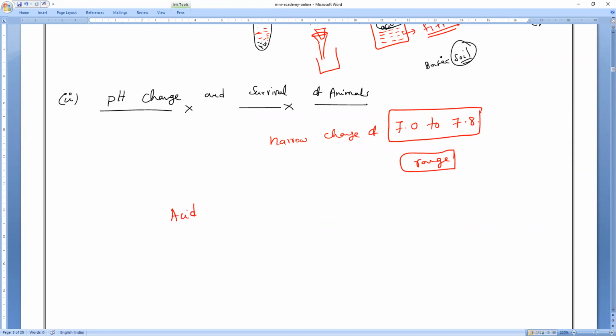Because of human activities, pollution and everything, it may cause acid rains, whose pH value is about 5.6. What is the pH value of acid rains, everybody? 5.6. Then that rain we call acid rain. If the pH value is approximately 5.6, that rain we call acid rains.